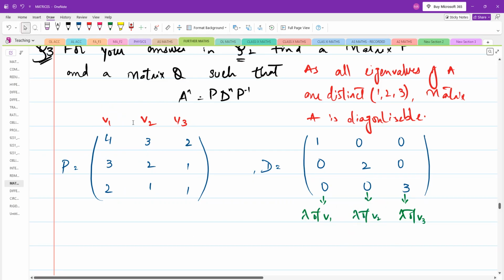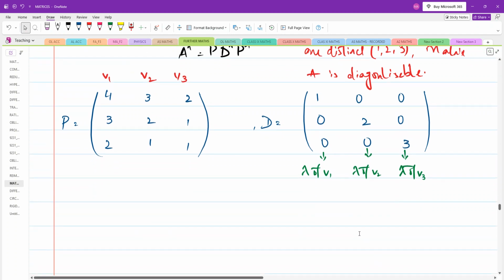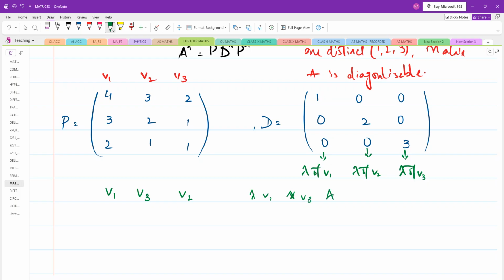So if I first write eigenvector 1, then eigenvector 3, and then eigenvector 2, my diagonal matrix should have lambda for v1, then lambda for v3, and then lambda for v2. Order matters in this sense. However, whether it's 1 2 3, 3 2 1, or 1 3 2, that order can be anything and doesn't matter.